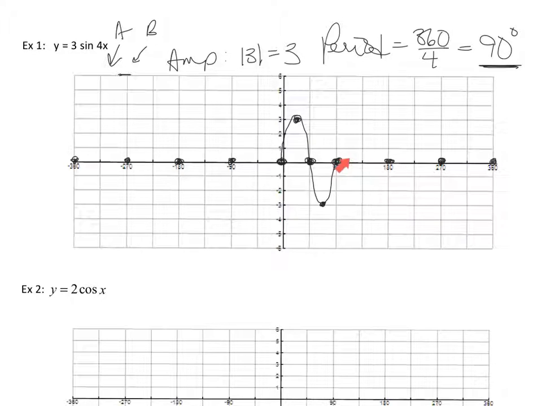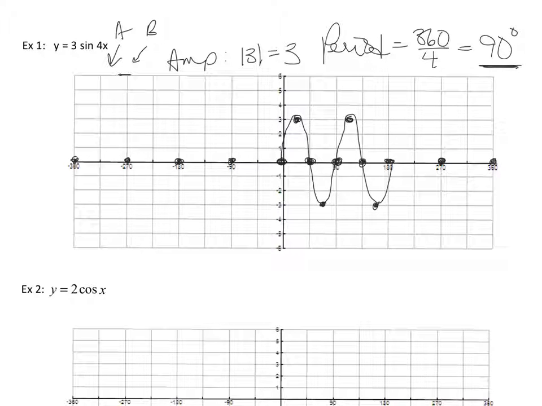So in this 90-degree interval between 90 and 180, it's going to complete a full cycle as well. So I can plot these points. Here I have an x-intercept. Between these 2 x-intercepts, I have a high point. Between these 2 x-intercepts, I have a low point. There's my next cycle.